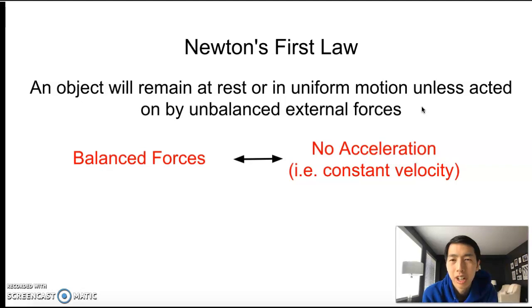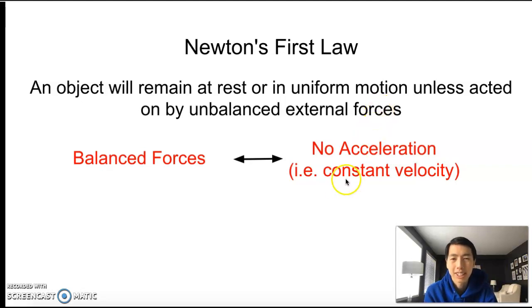So here's one way I can get to the point of Newton's first law. If the forces acting on an object are all balanced with each other, then the object will not accelerate. Okay, so it'll either stay at rest or stay in uniform motion, which is constant velocity, as long as the forces are balanced, and vice versa.